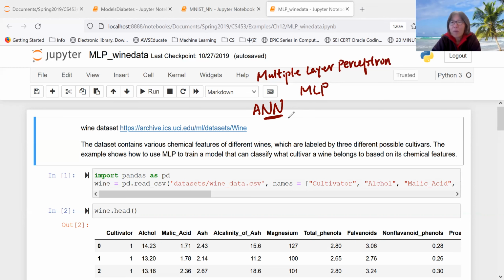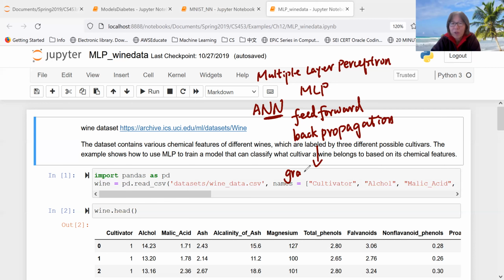And so the very basic idea, let's just remember it's using feed forward. Feed forward to do the prediction and to do the training, but at the same time, it also uses back propagation for the calculation of gradient descent.